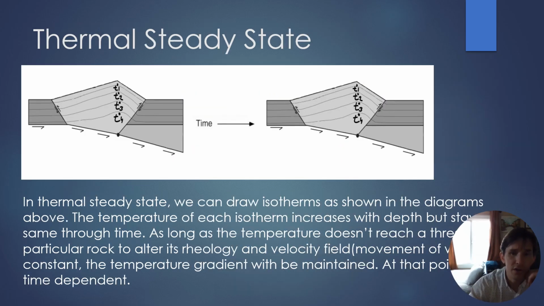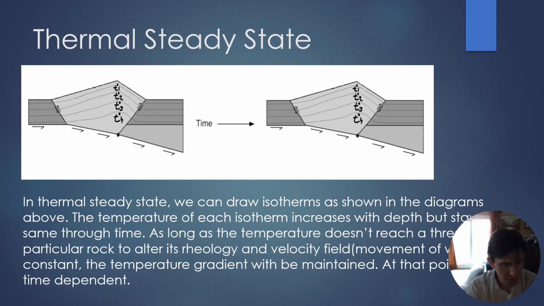Here we talk about thermal steady state. As in the first slide, we know that with depth temperature increases, and if we have steady state and things in dynamic equilibrium, we can conclude that the increase in temperature would be maintained over time.